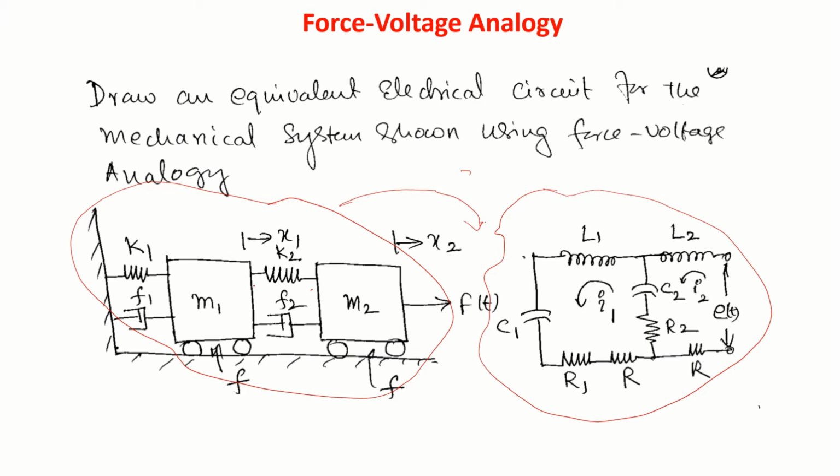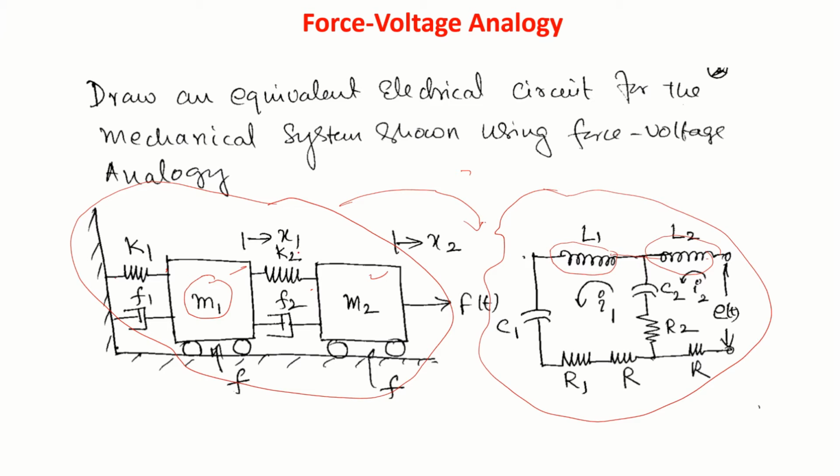So how do we draw? M1 is equivalent to inductance, so I'll draw an inductance here. M2 is another inductance. I connected this to mass M1.